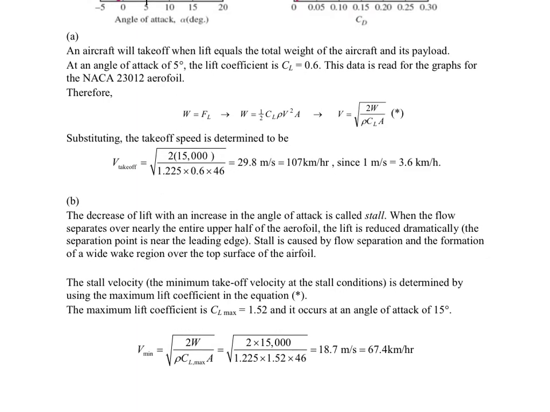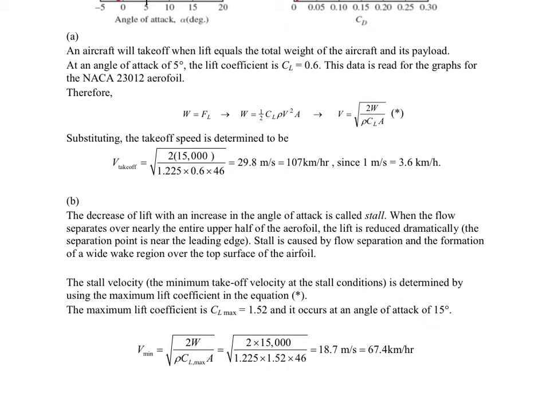The stall velocity, the minimum takeoff velocity at stall condition, is determined by using the maximum lift coefficient in the equation star. According to the graph, the maximum lift coefficient is 1.4252 and occurs at an angle of 15 degrees.